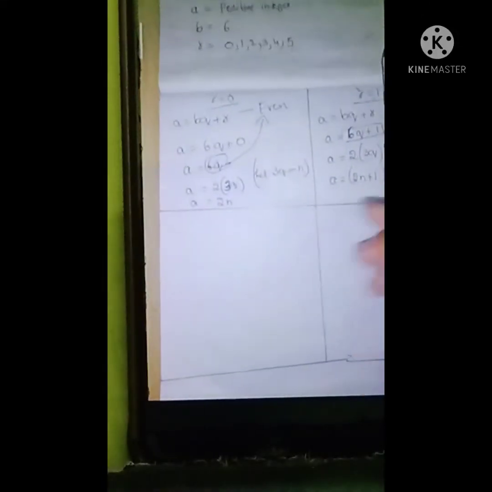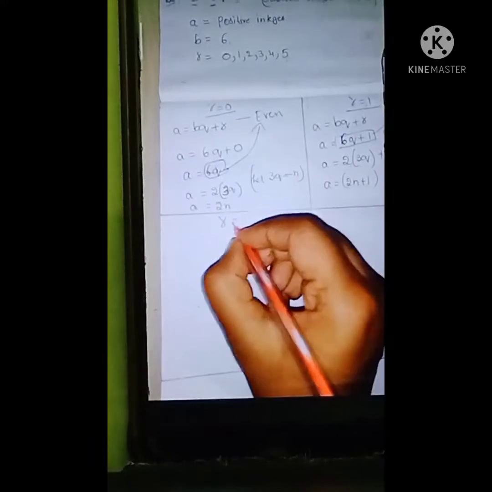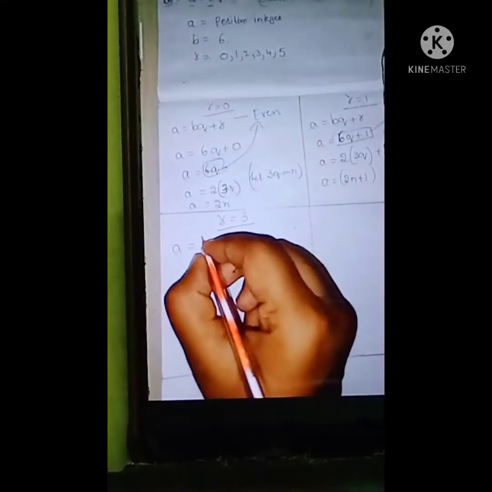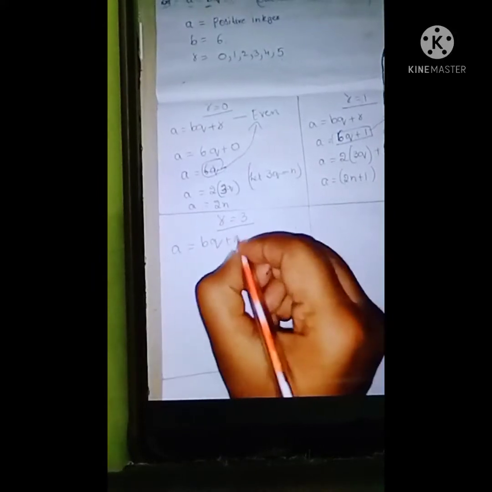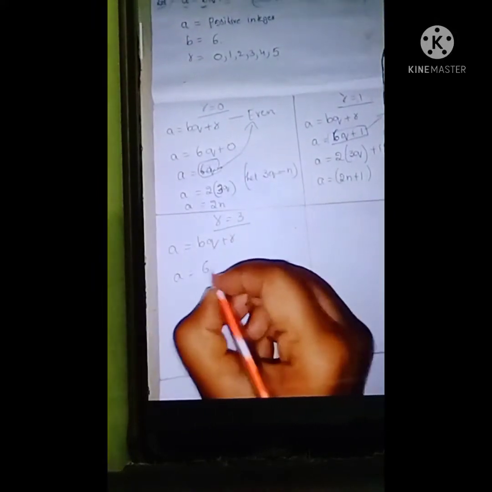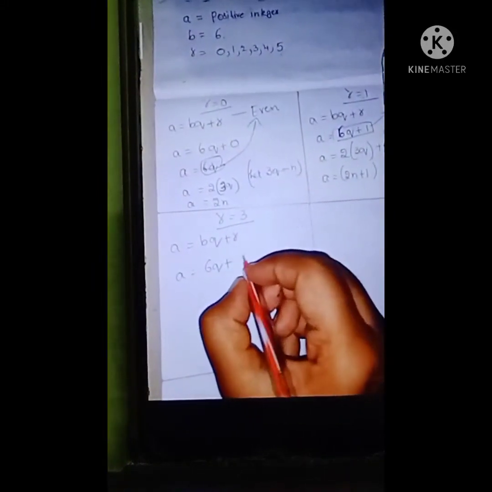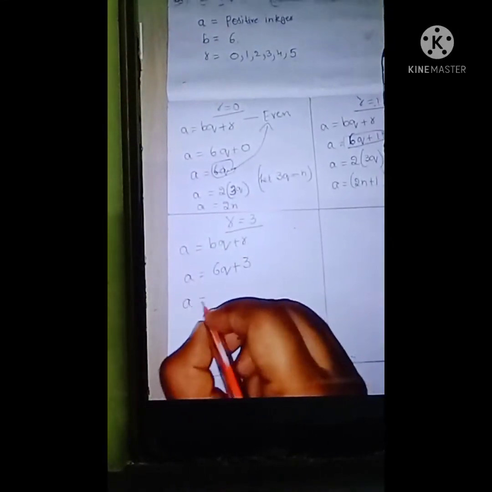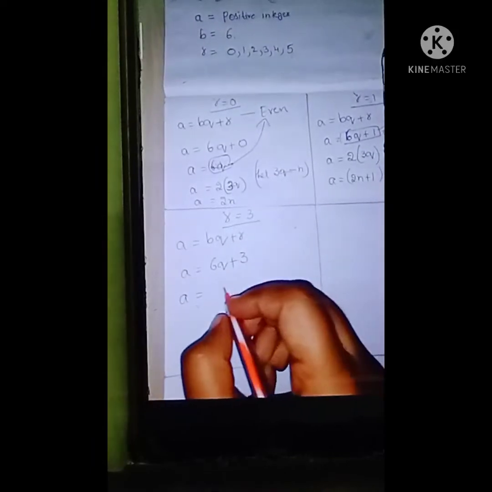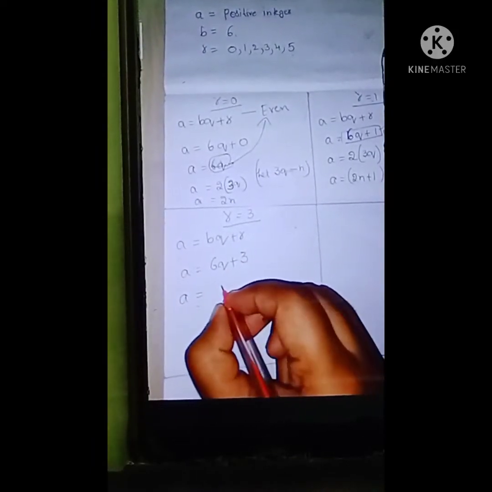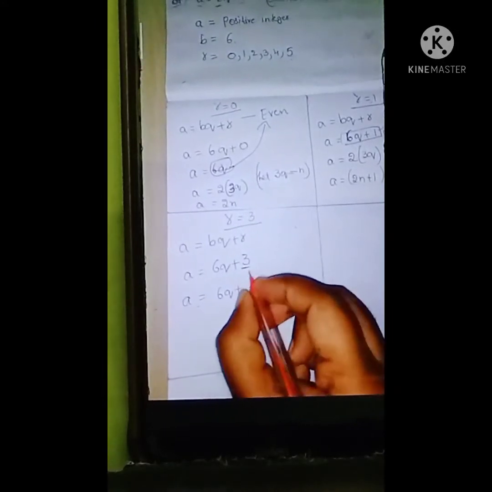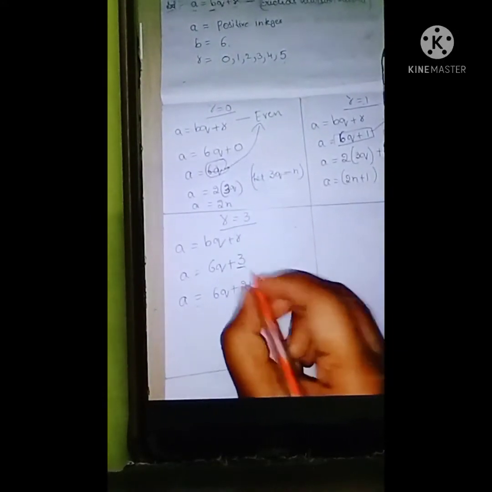Okay. Now let's go into the next one. Here R is equal to 3. A is equal to BQ plus R, where A is equal to 6Q plus 3. We can write this 3 as 2 plus 1. So A is equal to 6Q plus 2 plus 1.